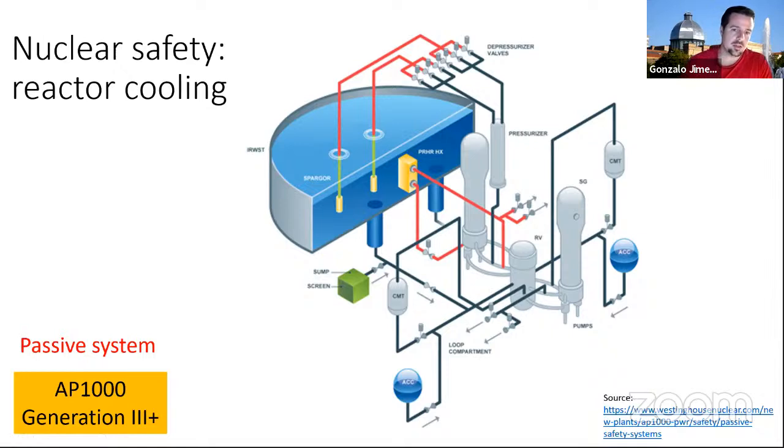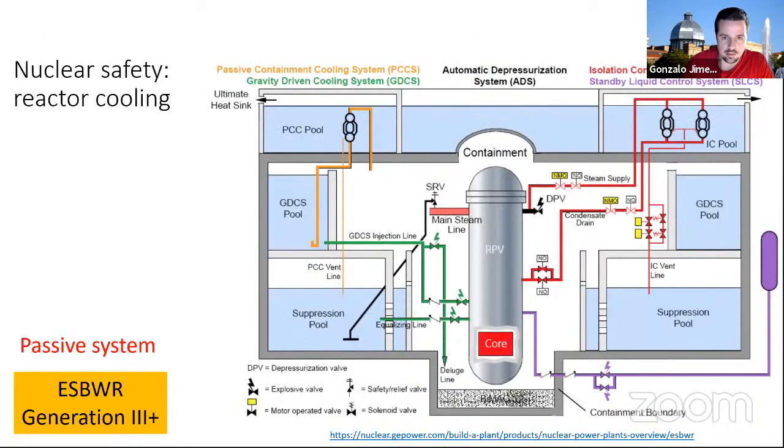So as you can see, we have replaced active systems that depend on electricity by passive systems that depend only on gravity and the opening of certain valves that can be operated with batteries. So you don't need any alternating current electricity source. That's the main thing. This is how generation 3 reactors do it.